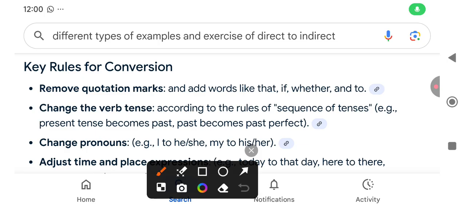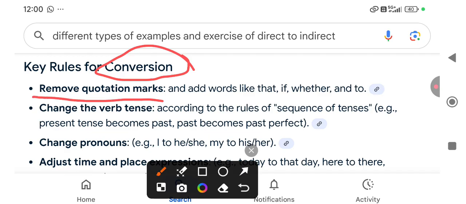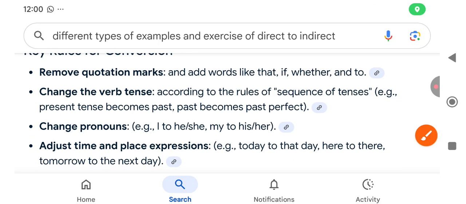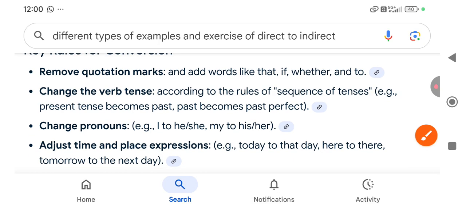This way. So what rules have we seen here? See, rules for conversion. Remove quotation marks first of all, and add words like that, if, whether, and to. These things you should keep in mind.